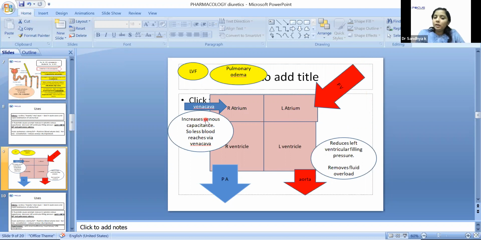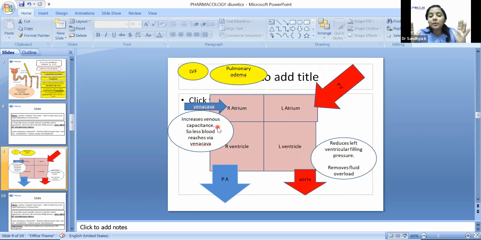One action of furosemide: we have seen what furosemide is doing at the renal tubule, like hyponatremia, hypokalemia, all that we have seen. Now, apart from that, furosemide has some other actions also. That is, furosemide increases the venous capacitance. What is the significance of that?